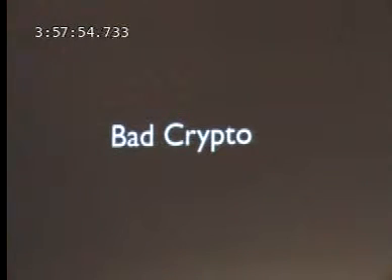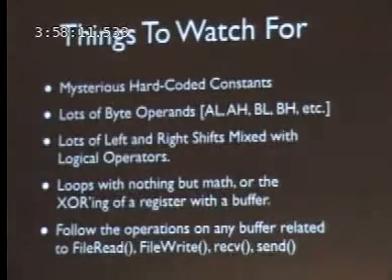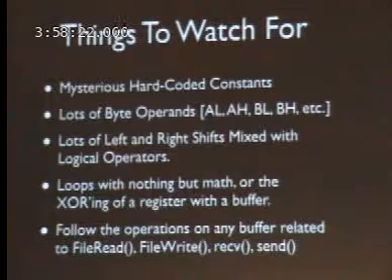So there's a lot of bad crypto floating around, because this stuff isn't written by computer scientists. If you're reversing, usually the quick way to find crypto is that a lot of people basically just repeatedly XOR some constant value.